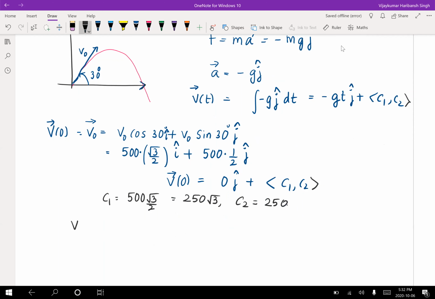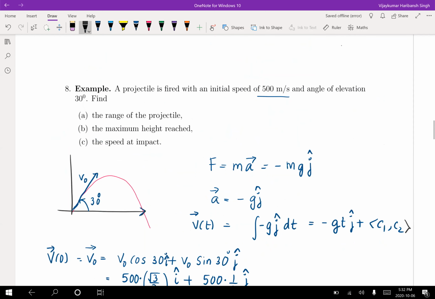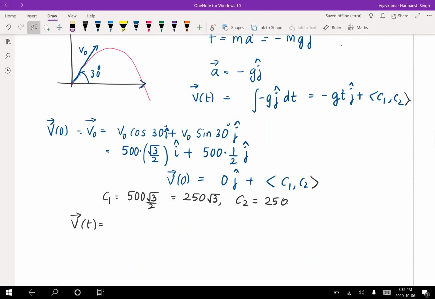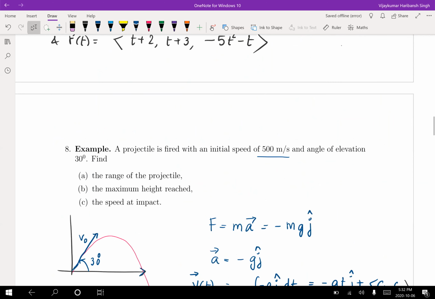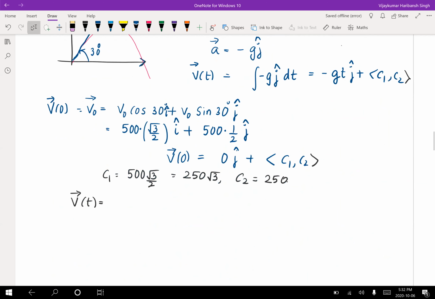So we have this V of t equals, V of t is 0 in the first coordinate, and then because of C1, it's going to be 250 root 3, and C2 is going to be 250 minus gt.